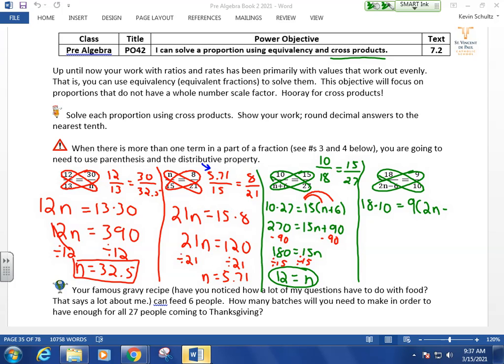We are multiplying everything by 9. Not just the 2n, not just the negative 6, everything. Parentheses. So again, we'll be distributing here. 18 times 10 is 180. 9 times 2n is 18n. 9 times negative 6 is a negative 54.